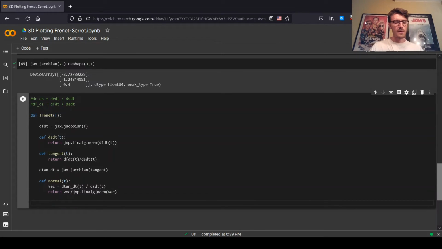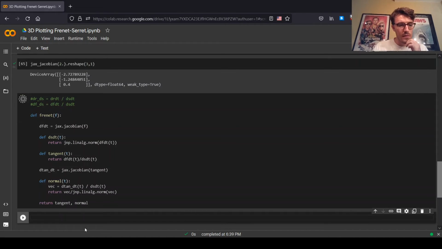That will give us our normal unit vector, and so we want to return our normal and tangent vector. That's what we're interested in. So we'll do tangent and normal. See if that works. Okay, that looks like that's all right.